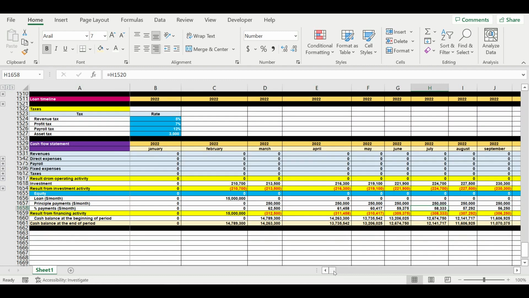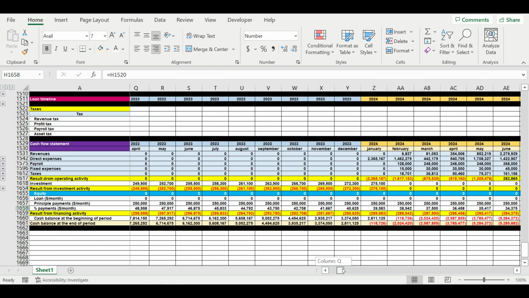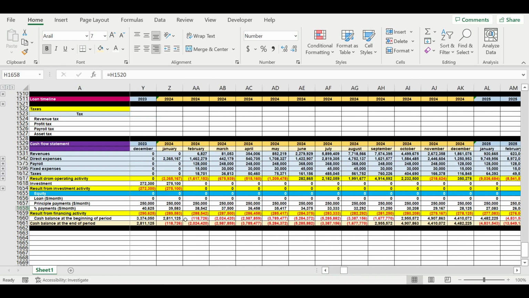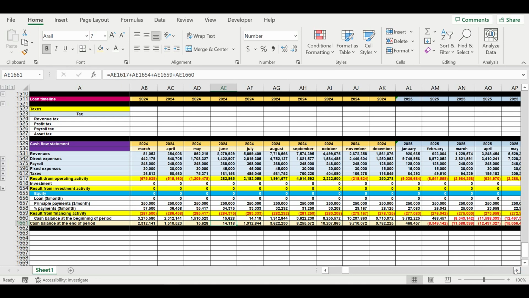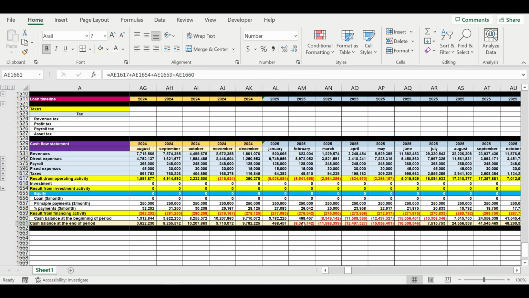And now we are moving forward, looking for cash gaps. This is the first cash gap, so we are adding, for example, our own money. This will be $5.3 million. So here we don't have a cash gap. Then we are moving to the next cash gap.